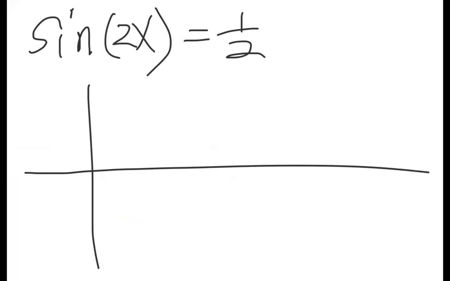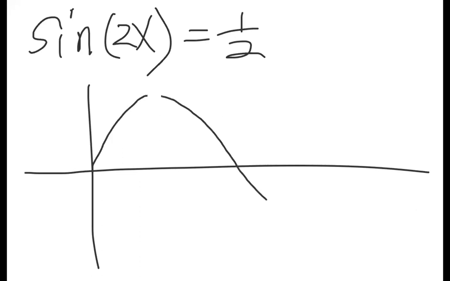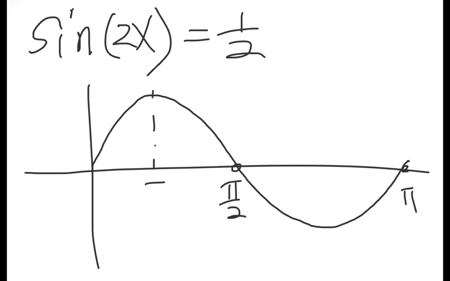Remember, sine of 2x is basically a horizontal shrinking of sine x. The graph still looks like this, except the period is shrunk to pi, and it reaches the maximum at pi over 4.